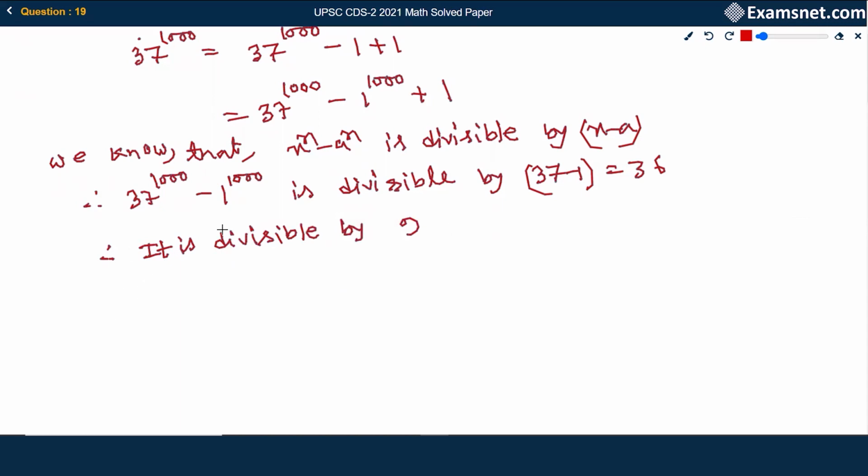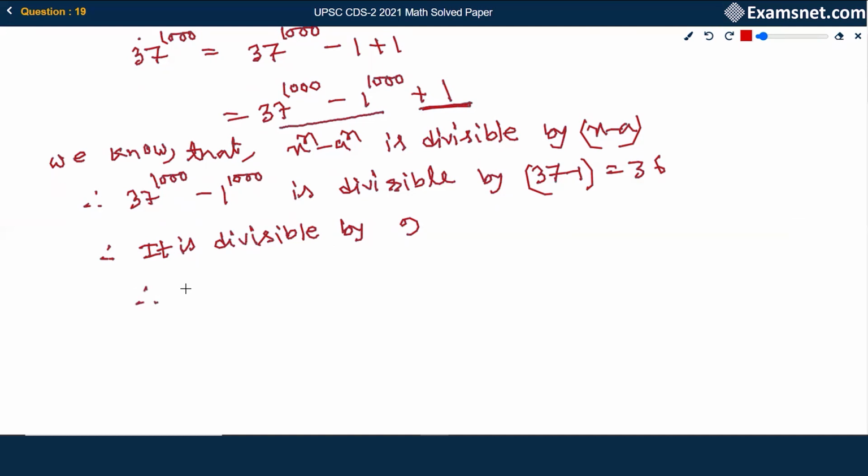So since it is divisible by 36 and 36 is divisible by 9, this expression is also divisible by 9. But as we can see, we have split this expression into 37 to the power 1000 minus 1, plus 1. There is already one term there, that is 1. So that will be the remainder. When we divide, that portion will remain, that will be the remainder.